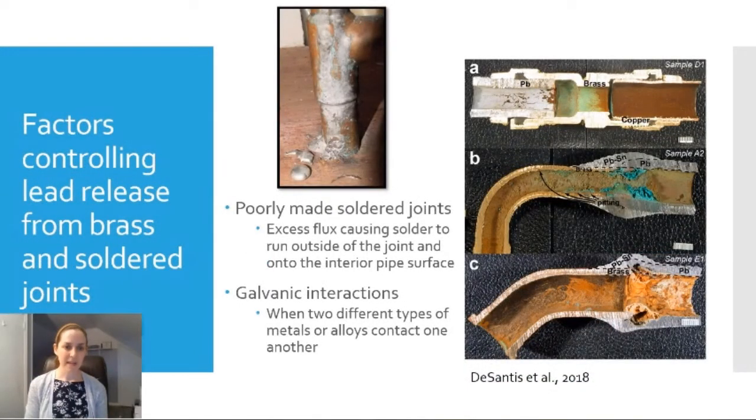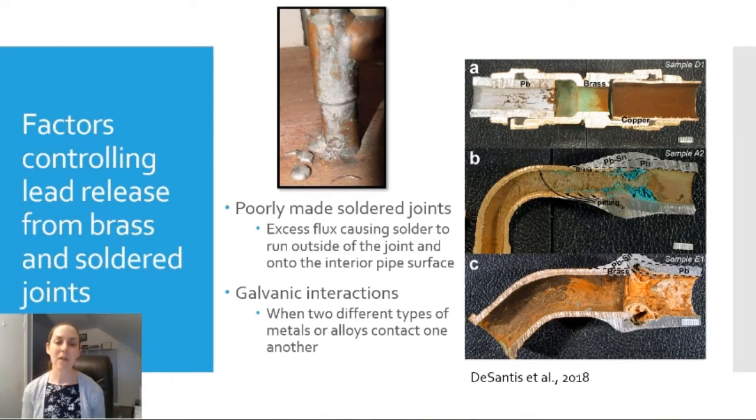And moving into the factors that control lead release from brass and soldered joints, you can have poorly made soldered joints, where you have excess flux that causes the solder to run outside the joint and onto the interior pipe surface. So you've increased the surface area of the solder, and that is more surface area available to the drinking water for the lead to dissolve into.